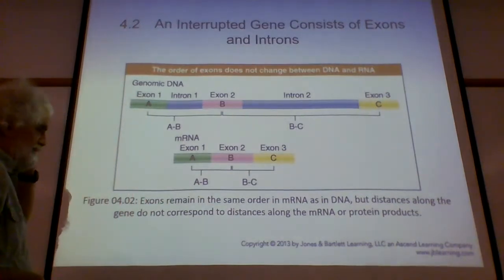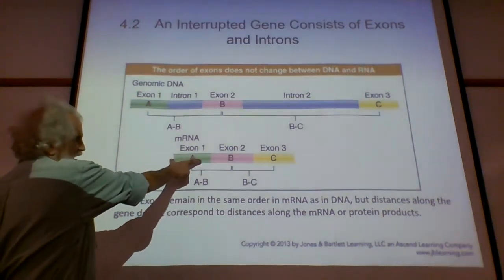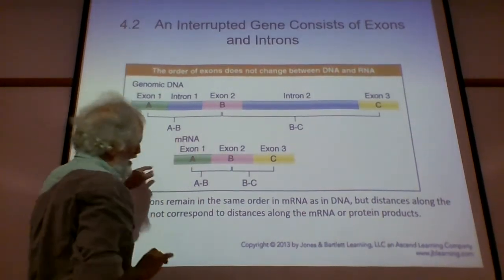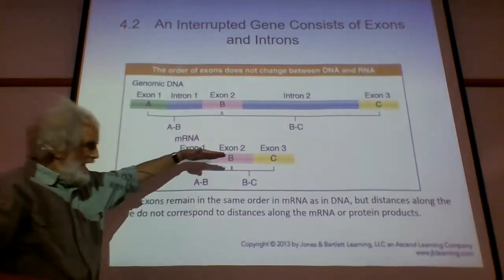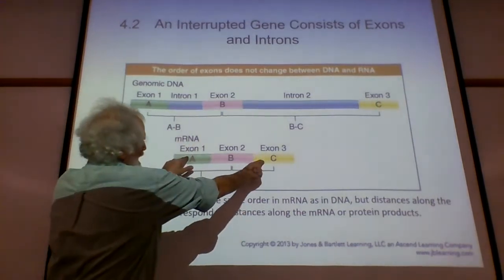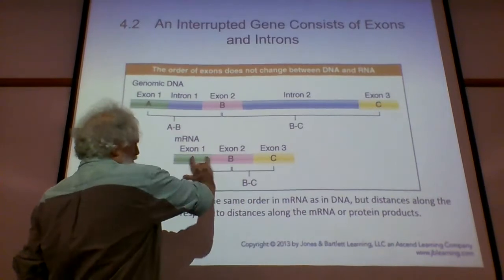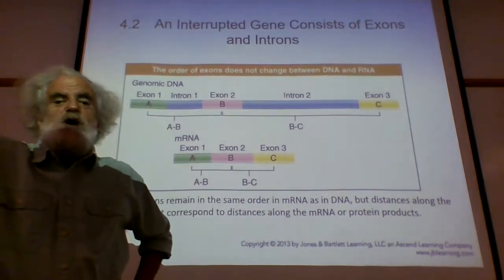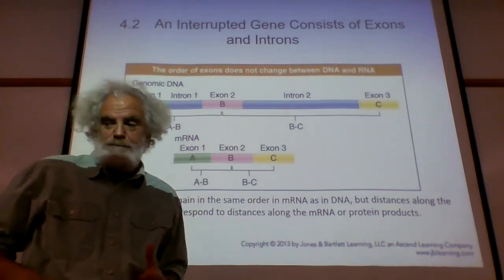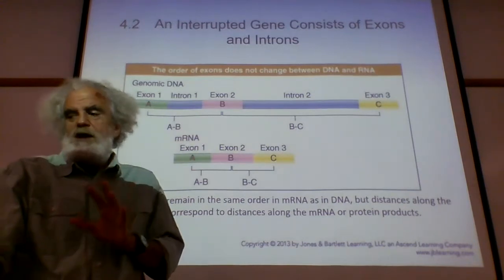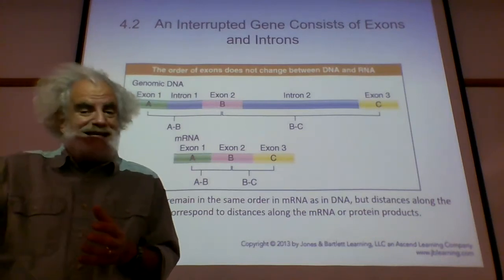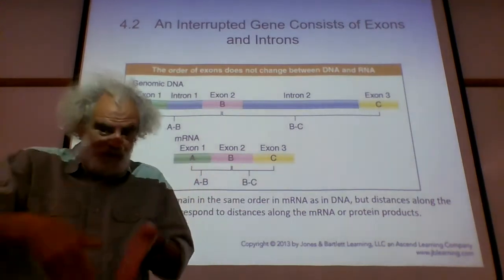That is, you don't have the ability in this case of having exon B ahead of exon A. It's always going to be in the same order, but we can do differential splicing in which we could have multiple RNAs, A and C, or B and C, or AB, or any other combination you think of. As long as you're maintaining the order, the splicing can be a whole range of things. So the exons remain in the same order in the messenger RNA as they are in the DNA, but the distances, because you're removing things, aren't going to be the same.